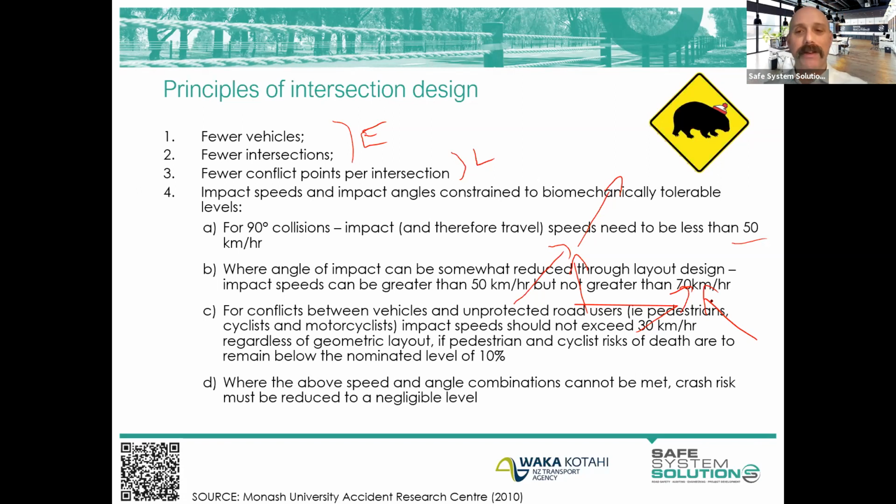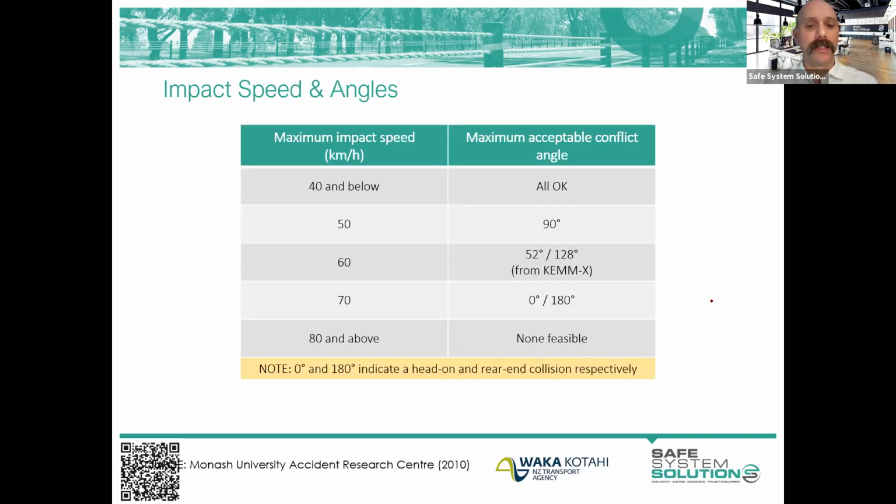Very broad statement, but it's acknowledging that we can work on some other ways to address these things. I'm going to go into that in more detail and am happy to pass on these Monash University intersection reports, which are available online anyway if anybody's interested.